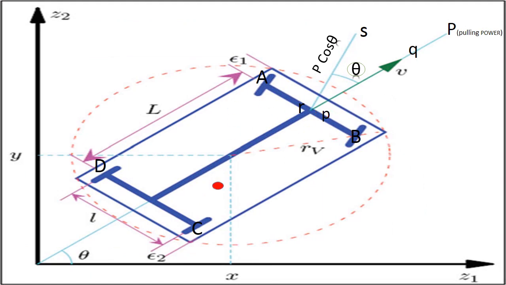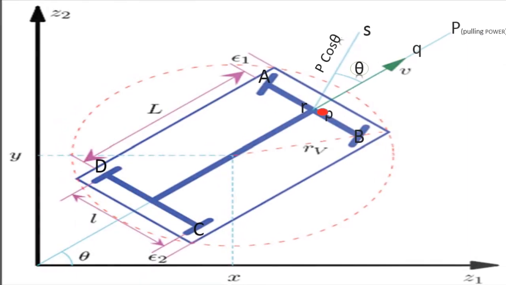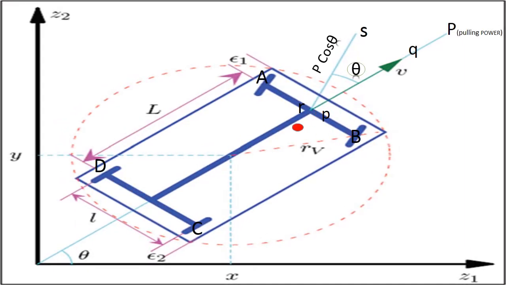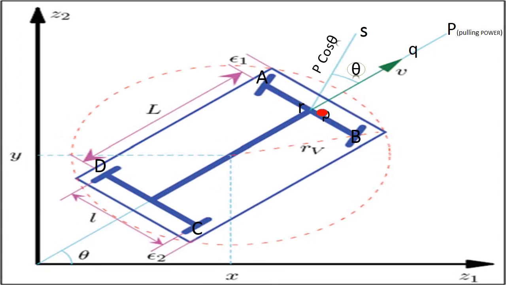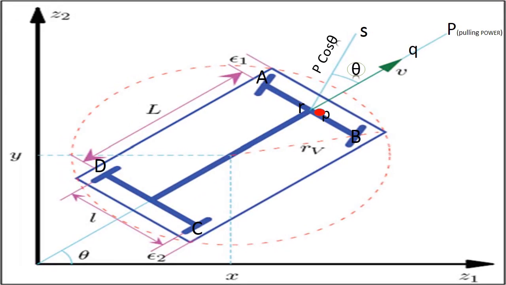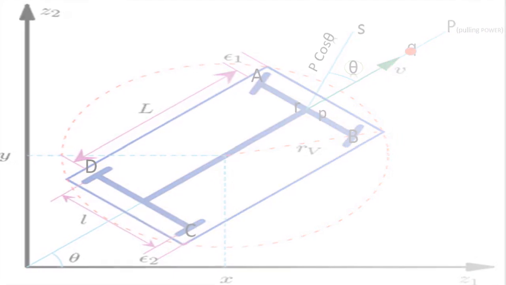Front wheels A and B, rear wheels C and D, are shown in the free body diagram. The rear wheel direction is PQ, and the front wheel direction is RS.